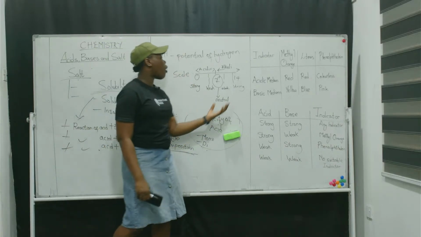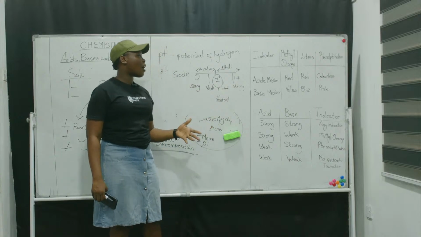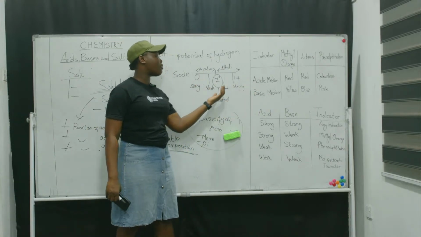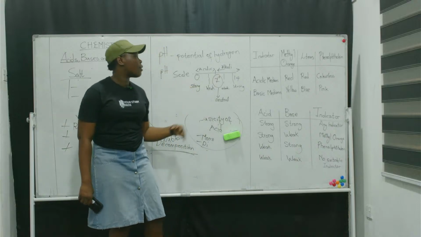For bases, strong base will have values close to 14, and weak base will have values close to 7.